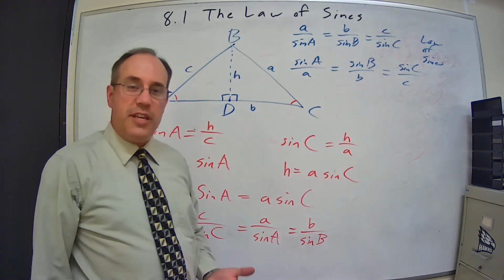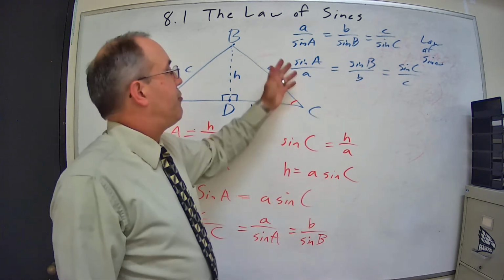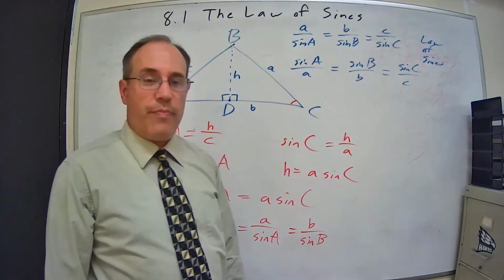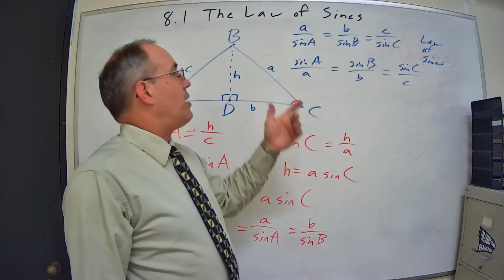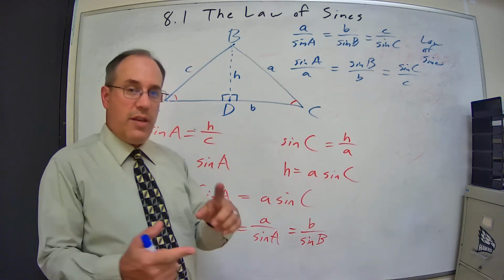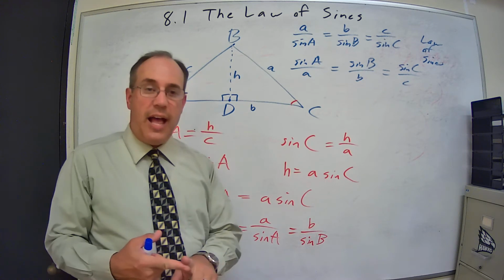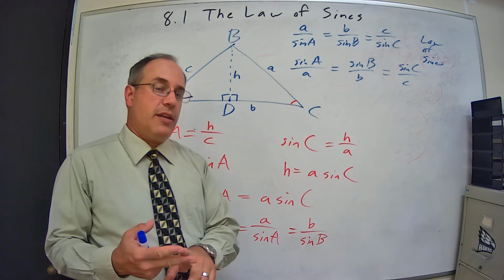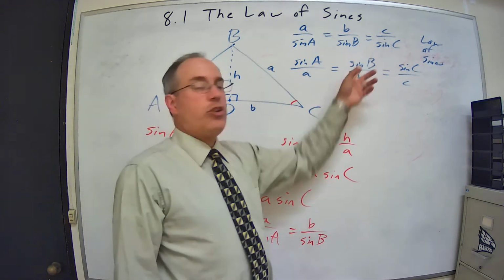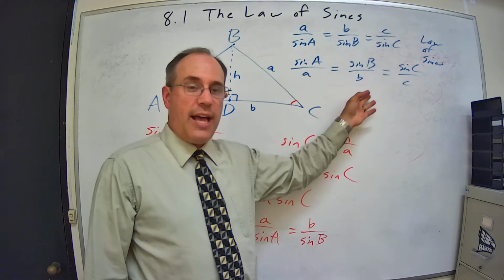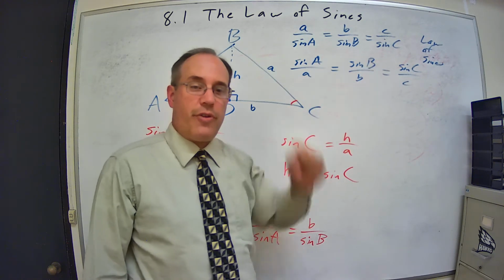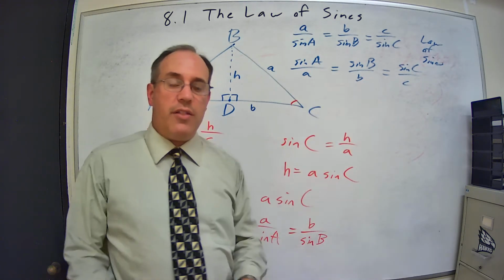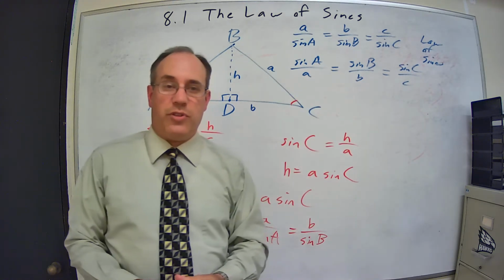And we should be able to see from this that if we take any two of these ratios and work with them, as long as we have the length of a side, the measure of the angle opposite it, and then either the length of another side or the measure of another angle in the triangle, we can then finish up the proportion relating those.